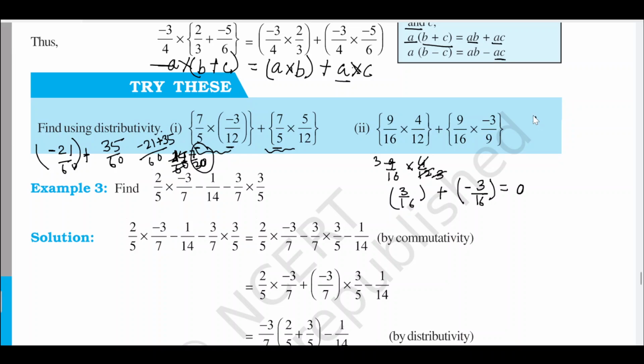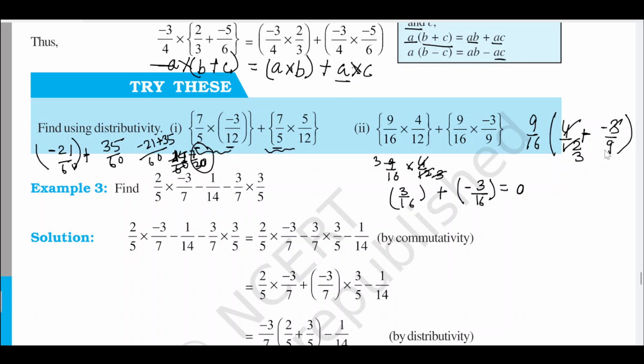Now we will take 9 by 16 common. This is going to be 4 by 12 plus minus 3 by 9. Okay, so it is going to be 1 by 3.